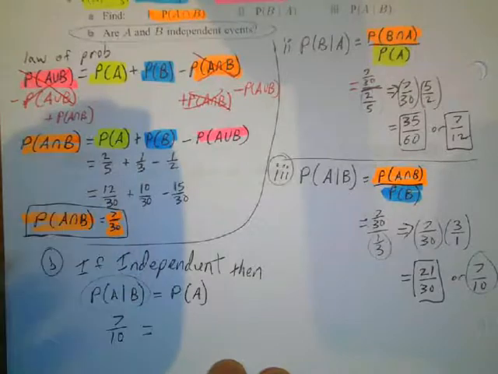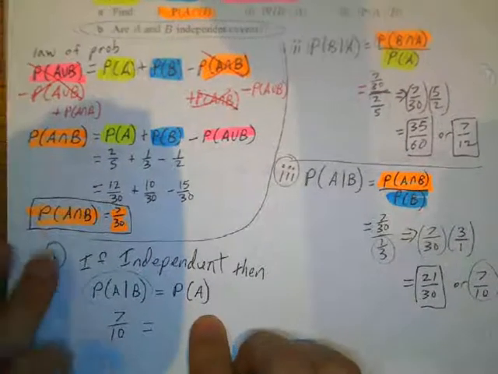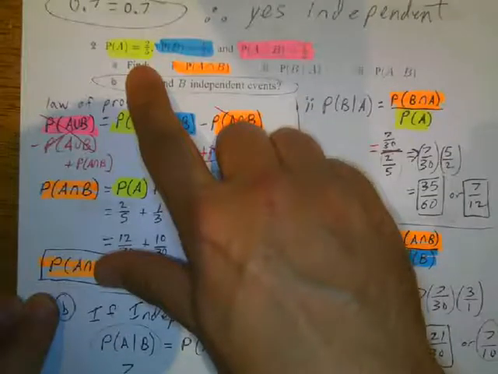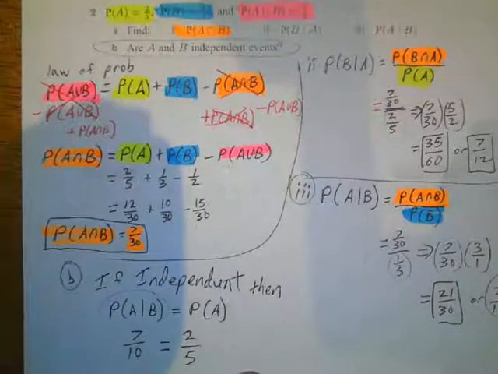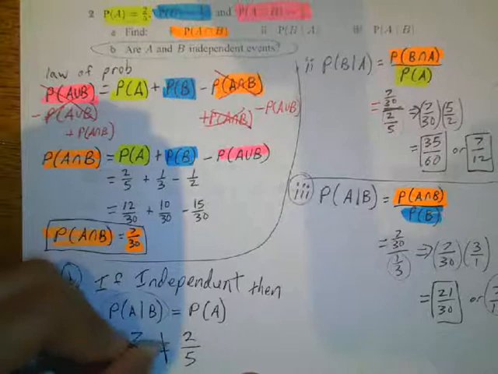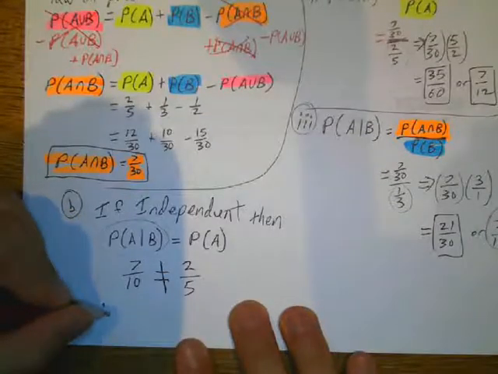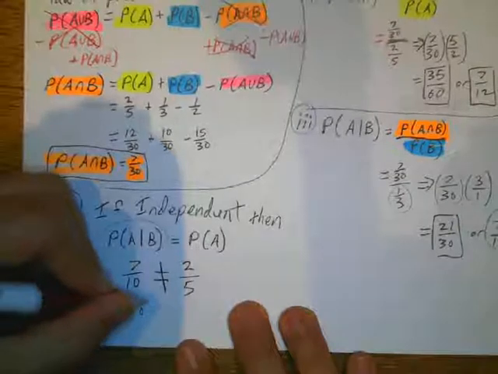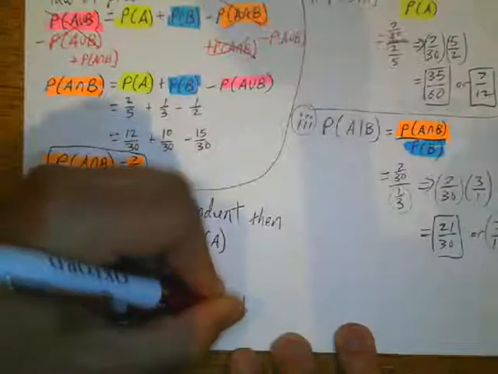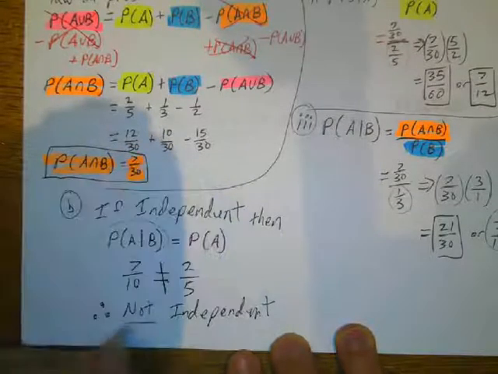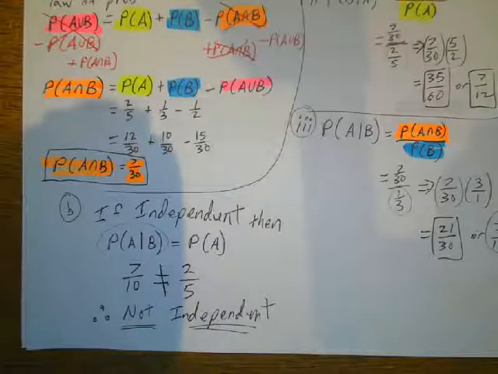And we know the probability of A is 2/5. Are these equal? No, they are not equal. Therefore, it is not independent. And that is the answers for the second page of today's assignment.